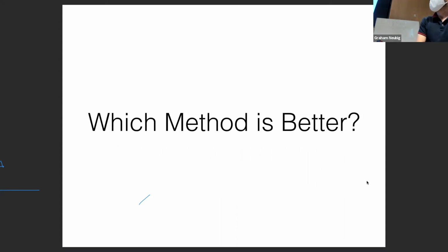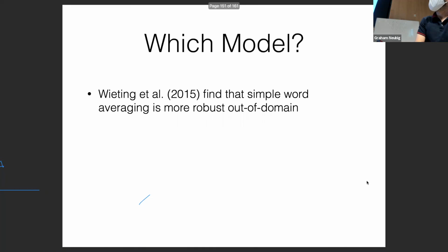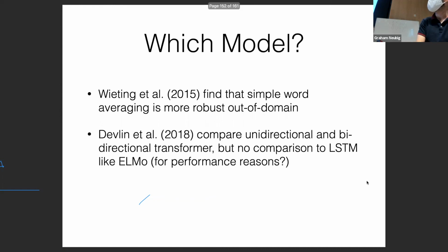Okay, so finally, which method is better? Which model is best? For example, some work has found that simple word averaging is more robust out of domain. The BERT paper compared unidirectional and bidirectional transformers, but they didn't compare to LSTMs, perhaps for performance reasons.